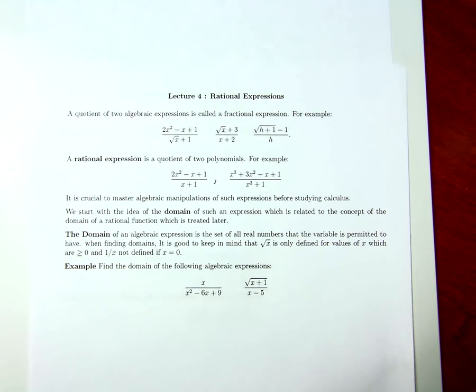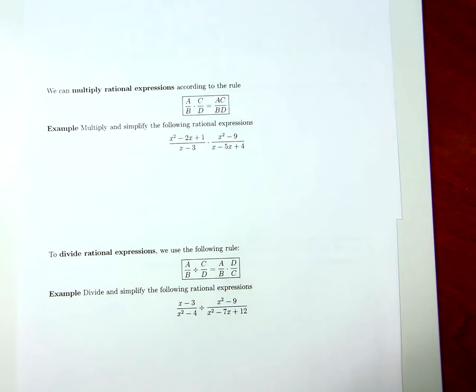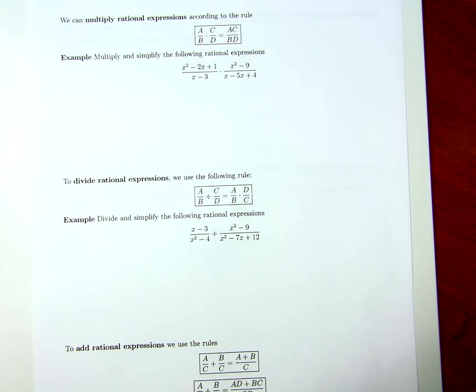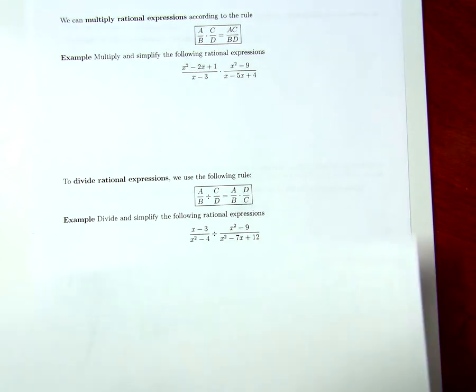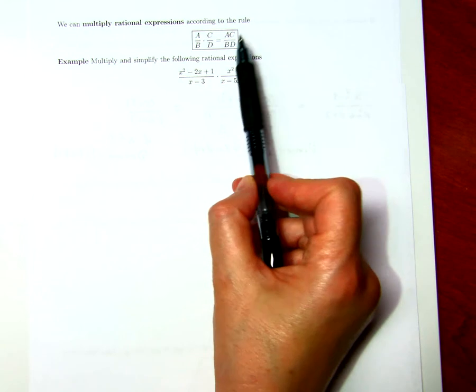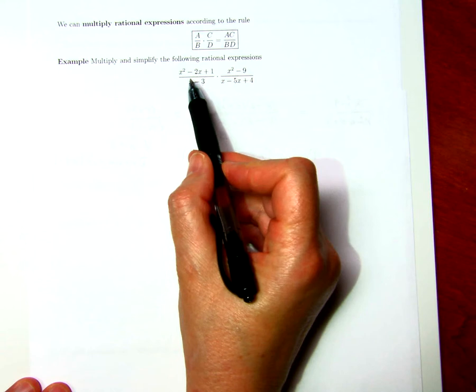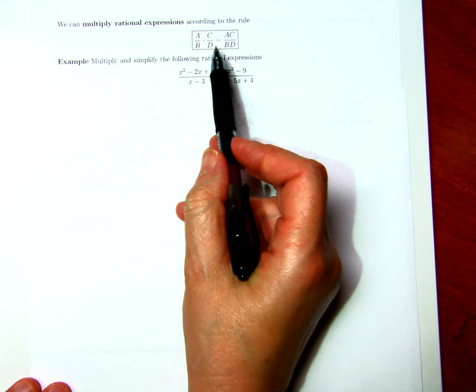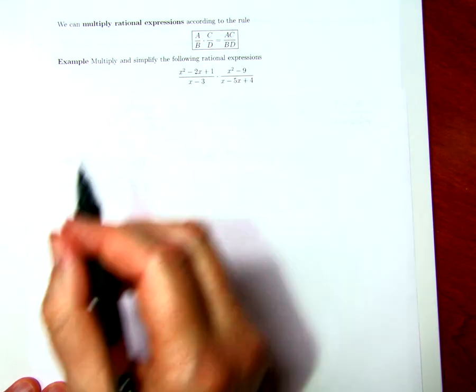We have other algebraic manipulations which we can generalize to polynomials. The next one is when we're multiplying two fractions, a over b times c over d, we multiply the numerators and we multiply the denominators. And the same holds true with rational expressions. So here, if we want to multiply these two rational expressions, we multiply numerators and denominators.